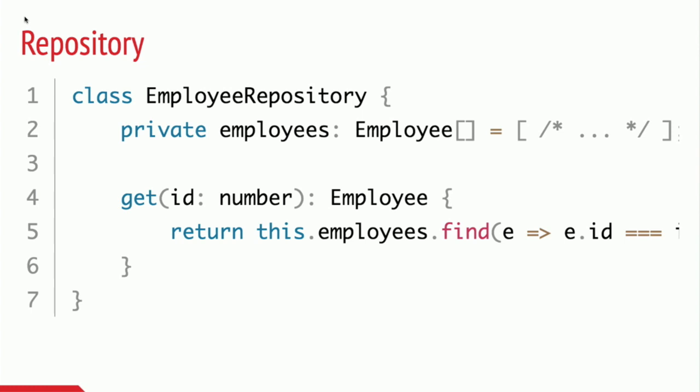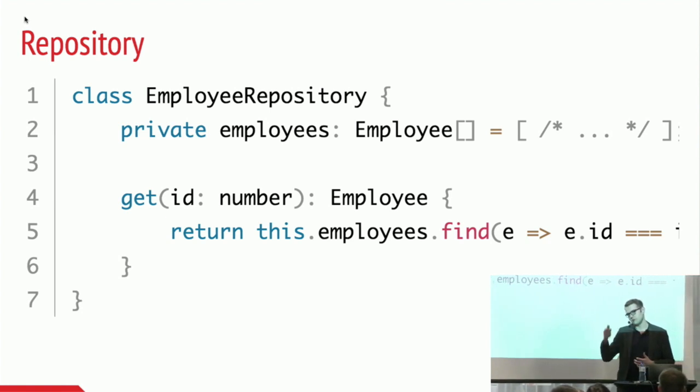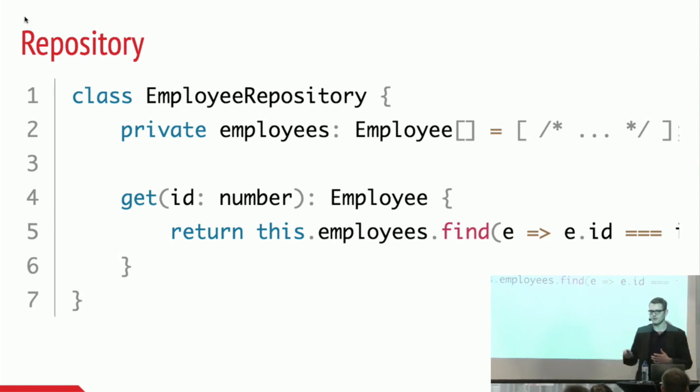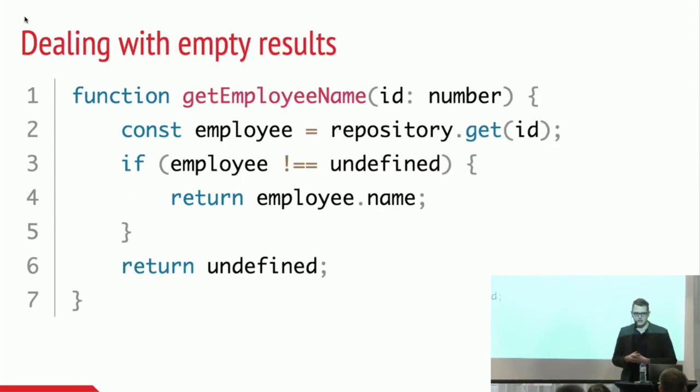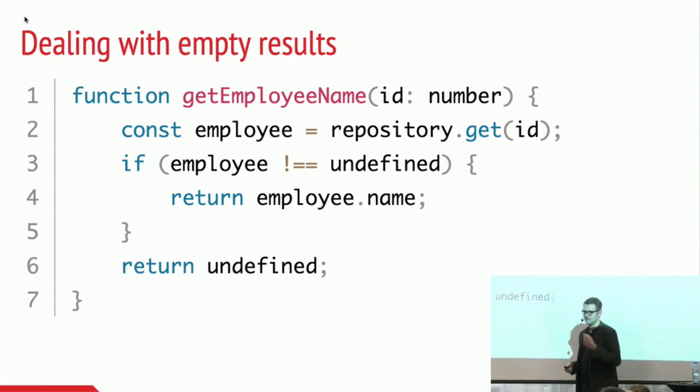Then we create a class, EmployeeRepository, and it has the get method, which we can give an ID, and it finds an employee with that ID. Let's say we'd like to write a function that, given an employee ID, returns its name.